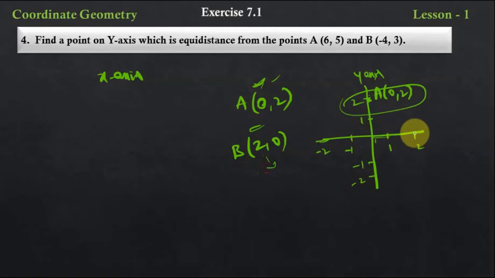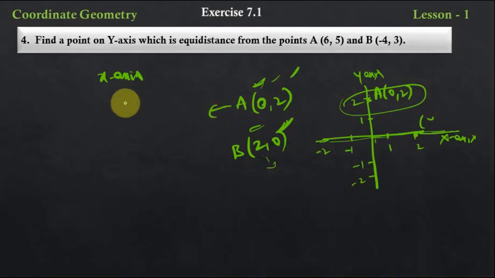But y coordinate is 0, there is no height. So the point is on the x-axis itself. This line belongs to the x-axis, isn't it? So point on x-axis means automatically the y coordinate will become 0. You should remember this, very, very important.